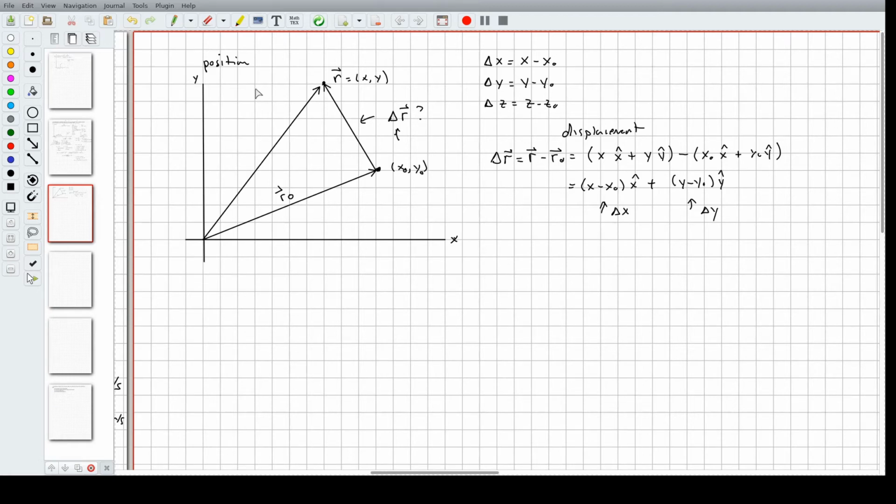For example, after we talked about position and displacement, the next thing we talked about was average velocity. At least the average stuff right here. We'll do instantaneous as well in a second. So velocity here, average at least, we defined in the x direction to look something like this.